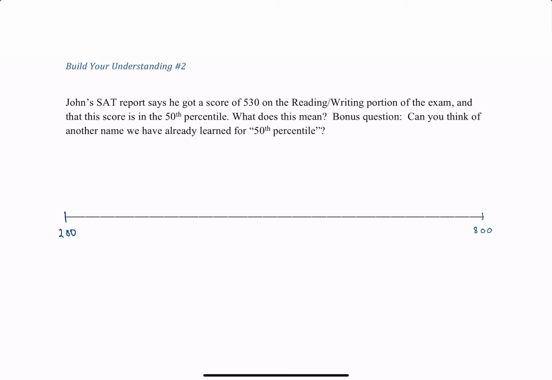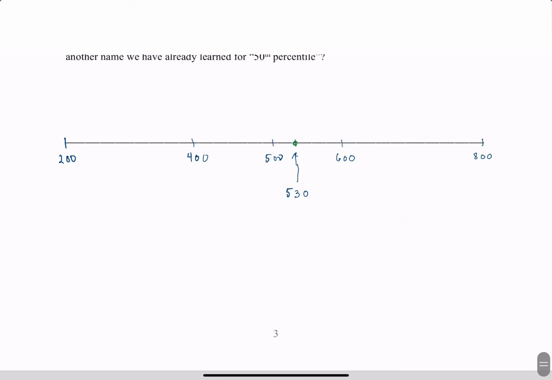Okay, I hope you paused the video and took a crack at this. I'm going to go ahead and put in a few more marks. So let's see, 500 would be about there. So 530 would be about there. So this is John's score.